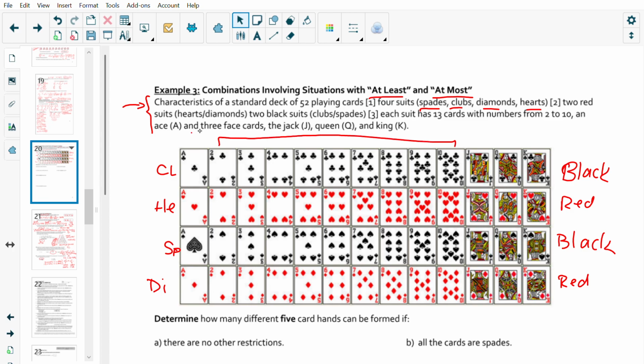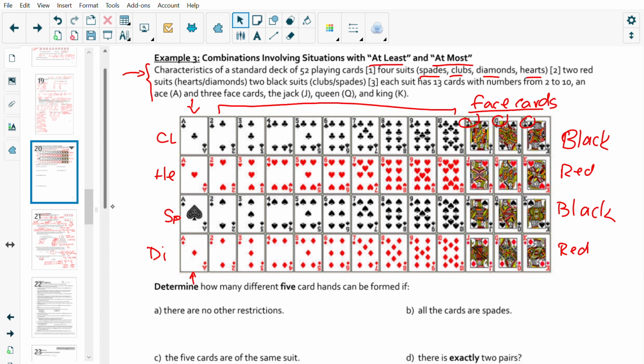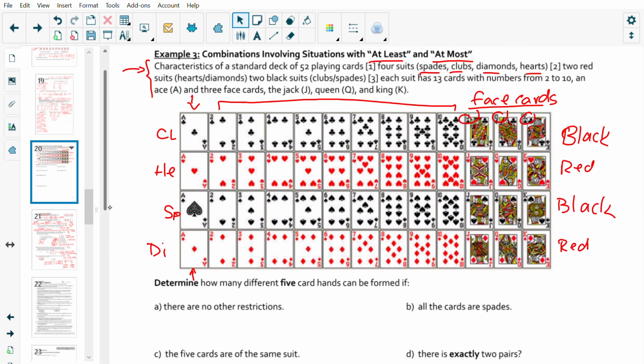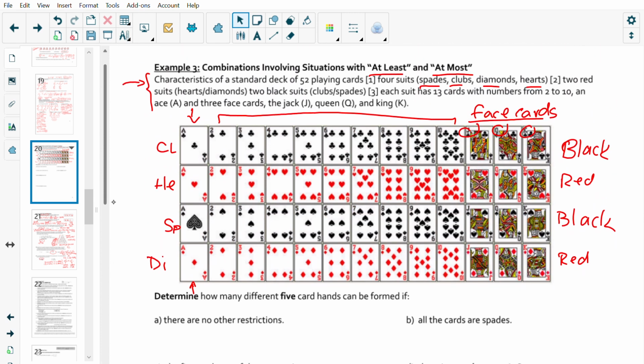With numbers from 2 to 10, an ace, the letter A, and then face cards, which have the letters J, Q, and K for Jack, Queen, and King. Okay, so you got a quick overview of what cards are.